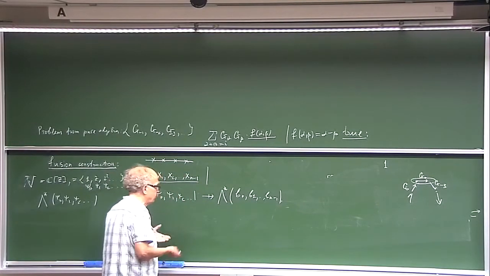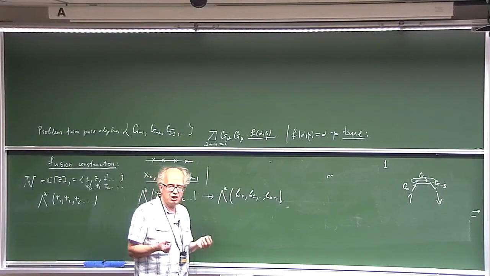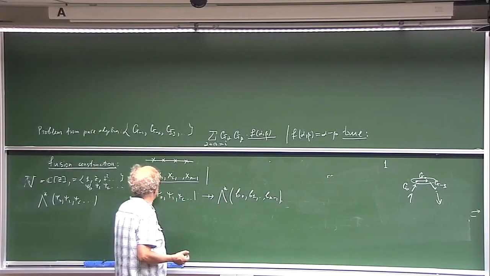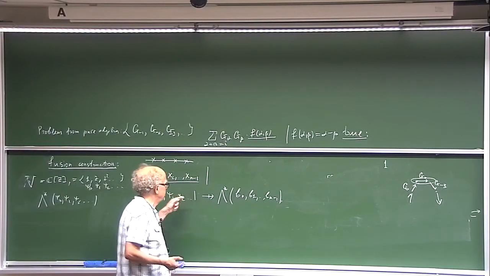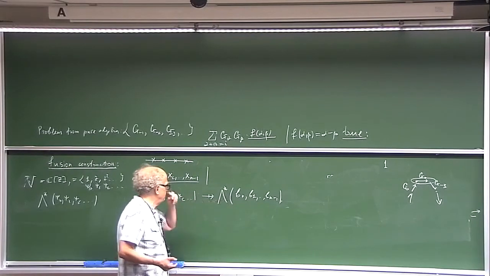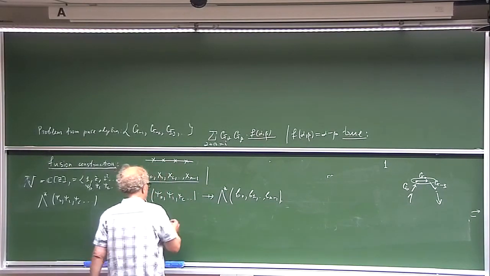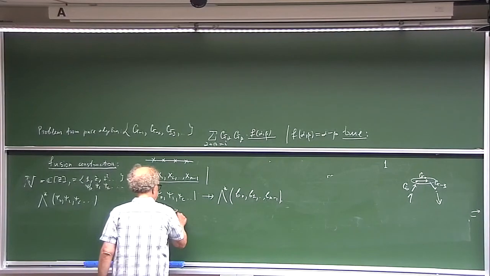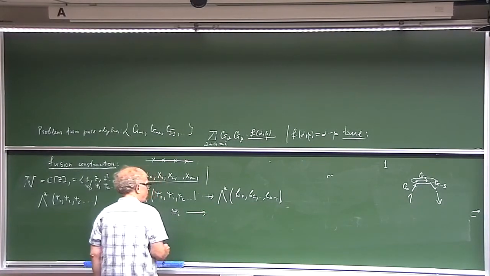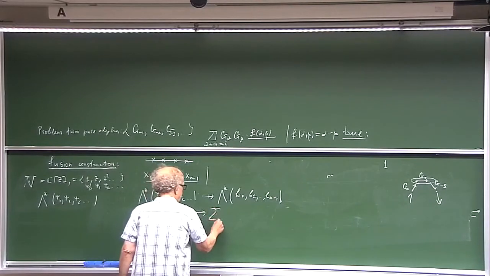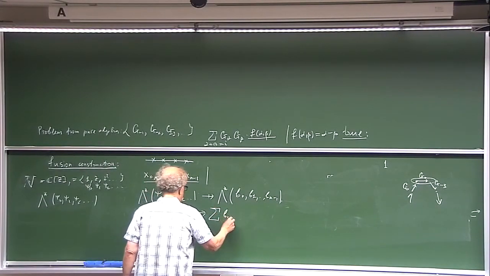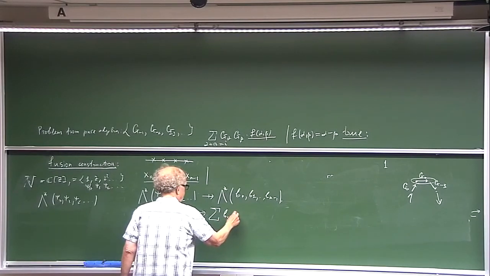I think about B0, B1, B2, and B n minus 1 as generators sitting at the points x0, x1, x2, xn. If I want to determine this map, what I do is take psi and send it to the sum of Bs times xs to the power i.